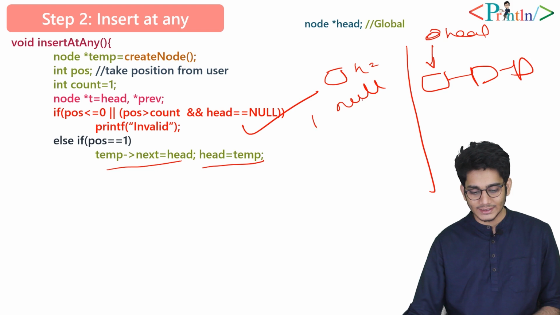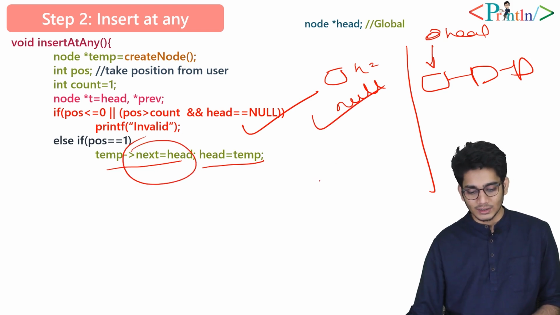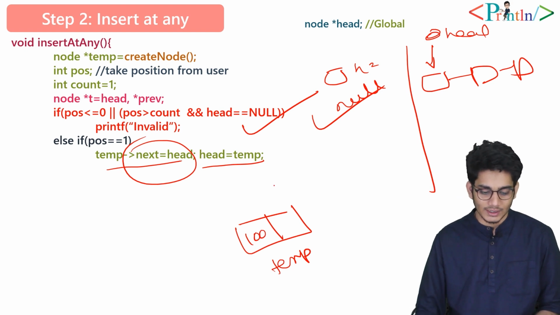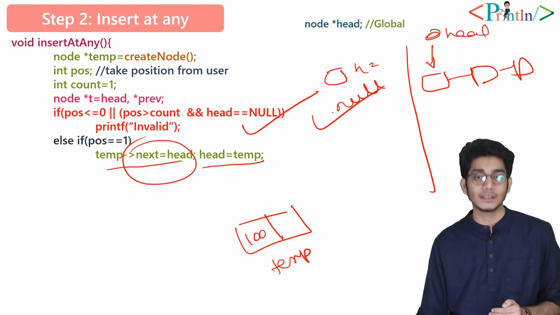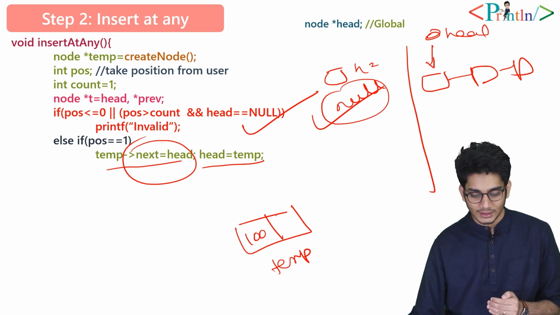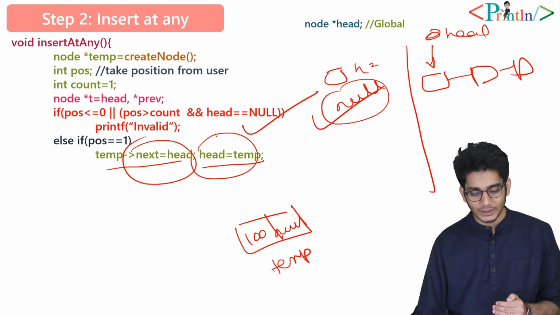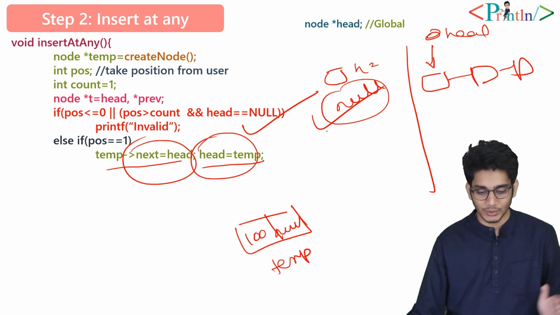So let's go for this case at first. Temp next equals head means what? Let's say that we have allocated a memory like this. This is the temp, and let's say 100 is over there. Now temp next equals head means, if our head is null, then we will also put null over here. Then we'll just put temp into head.